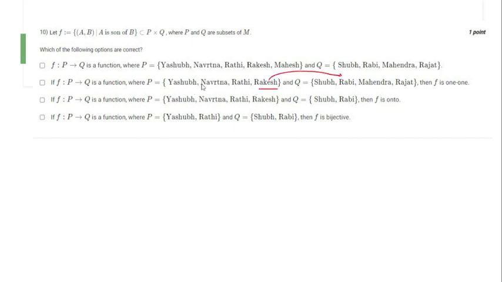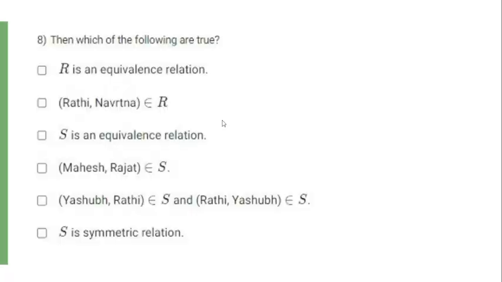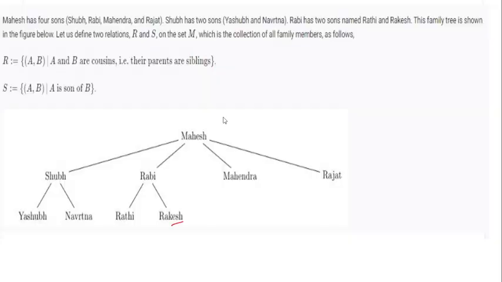Let us try to understand once again. Ysubh and Navratna will match to Subh, Rathi and Rakesh will match to Ravi.